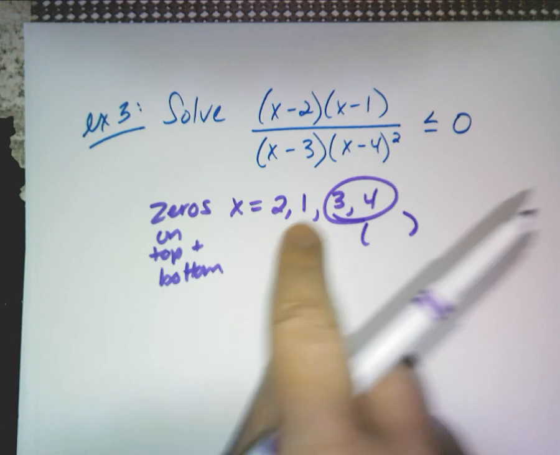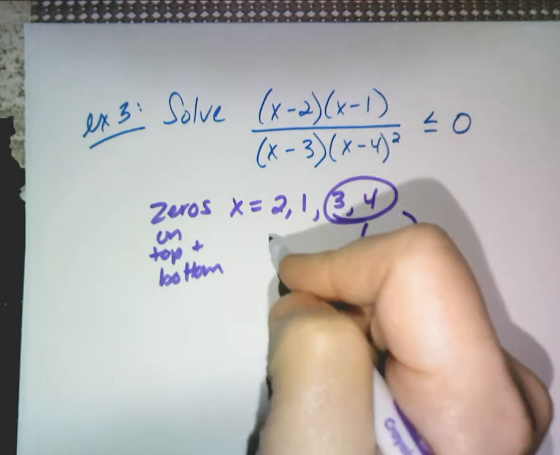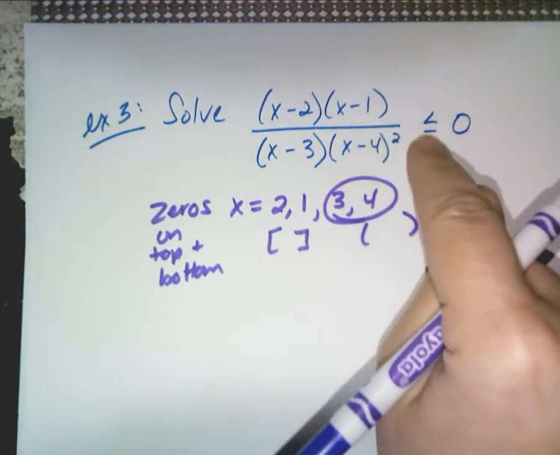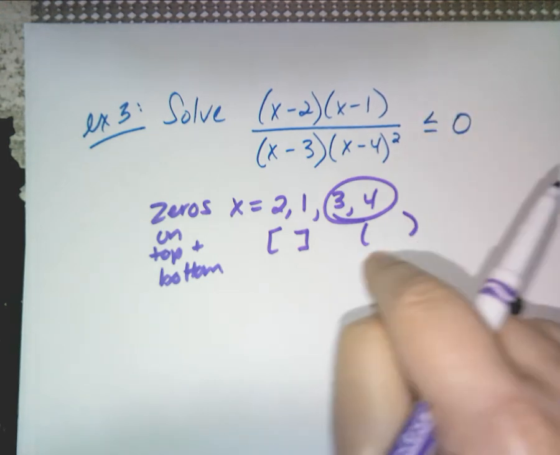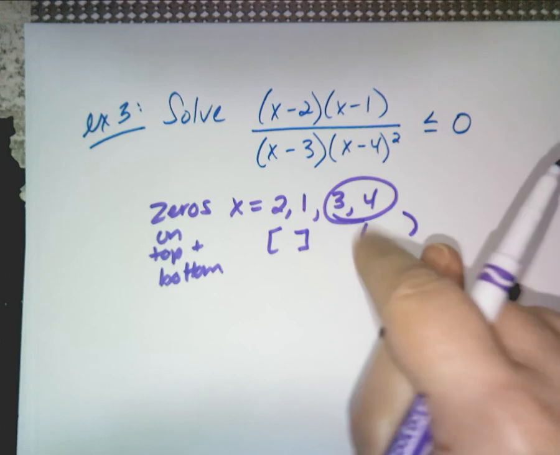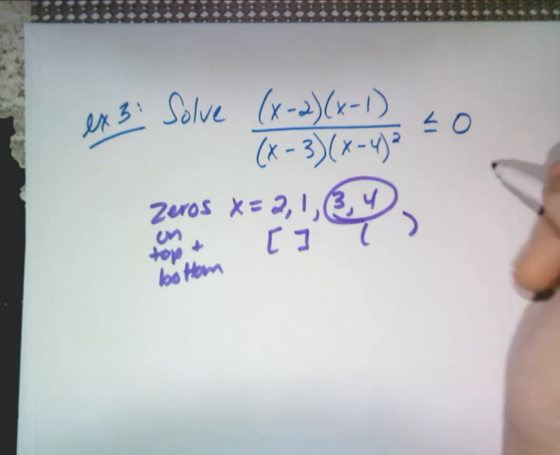In this case, they're allowed to get brackets because I have an equal sign. If this was just less than, or if this was just greater than, then all the boundary points would have parentheses. Okay, so you might want to write that down.